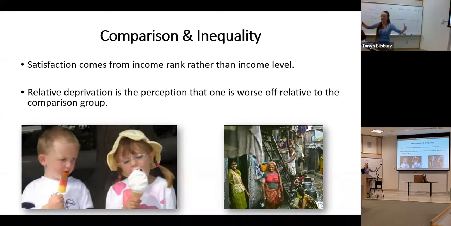So it's like everyone's poor together, and they're helping each other. But if you have somewhere like, let's say, New York, where you have really poor people relative to that society living around the corner from super rich people, that doesn't make people feel so good. So there's a sense of relative deprivation, which is a perception that you're worse off relative to the comparison, which is the people around you or your own past.